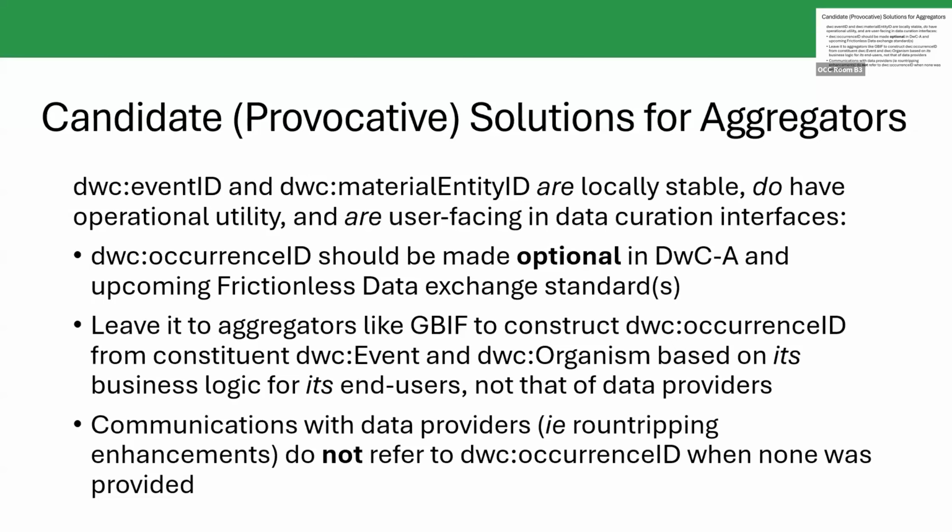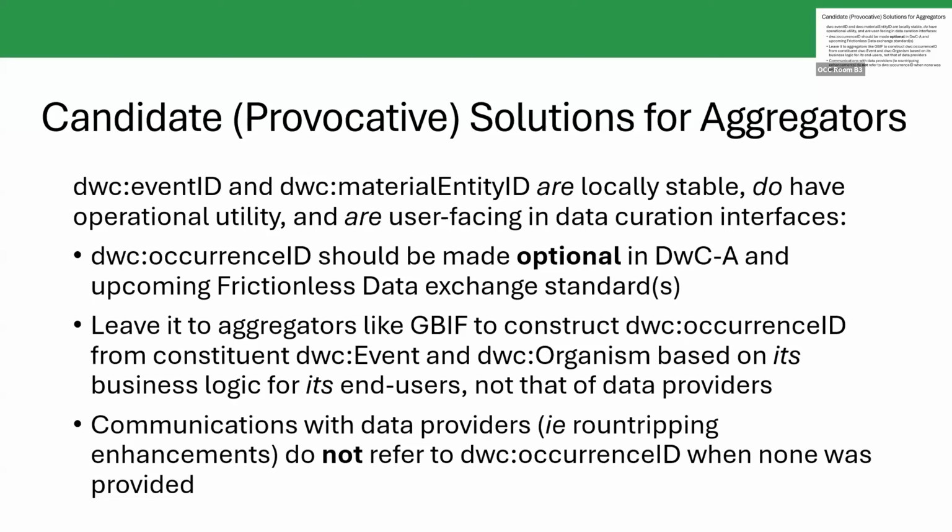Here we suggest some candidate and potentially provocative solutions for aggregators. Darwin Core eventID and Darwin Core materialEntityID are locally stable, do have operational utility, and are user-facing in data curation interfaces. So Darwin Core occurrenceID should be made optional in a Darwin Core archive and upcoming frictionless data exchange standards.